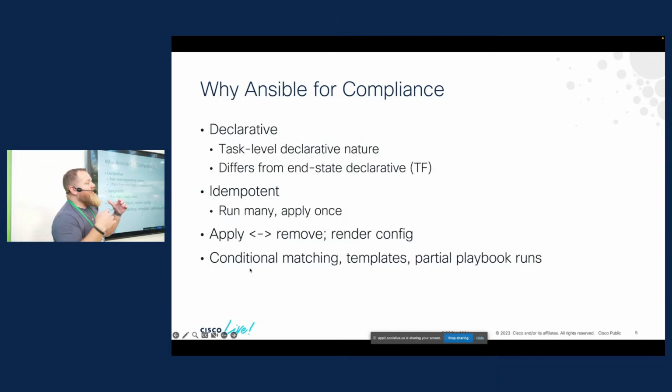That way, if I need to apply a config and then remove that config, I can do the same thing with the same module just by changing that state. So there's no complexity in applying a config versus removing a config, because I just change that state. It makes it very easy to do. And then finally, we can do programmatic things, conditional matching templates. We can do partial playbook runs, et cetera.